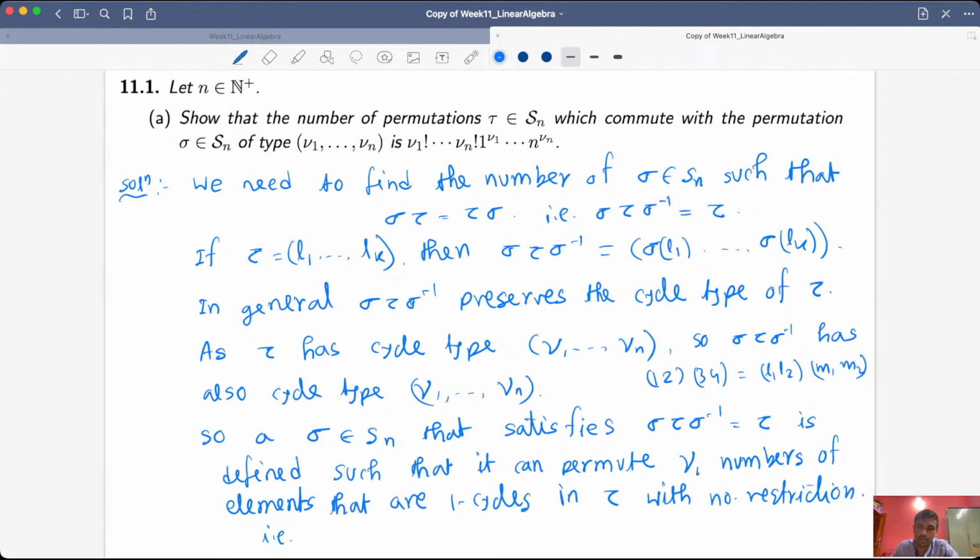You can define L1 L2 equal to the first one, and the remaining is permuted in between these terms also. That's why you also get nu 2 factorial. This 1 power nu 1 is defined just to manage the symmetry of this expression. 1 power nu 1 is just 1 anyway, with no restriction.